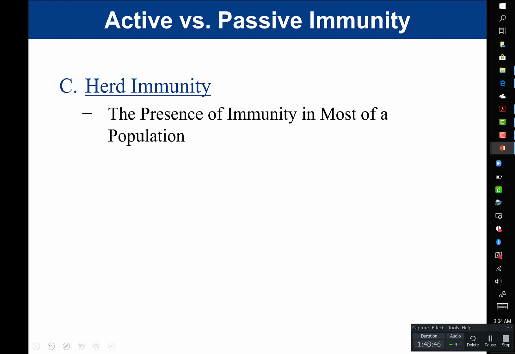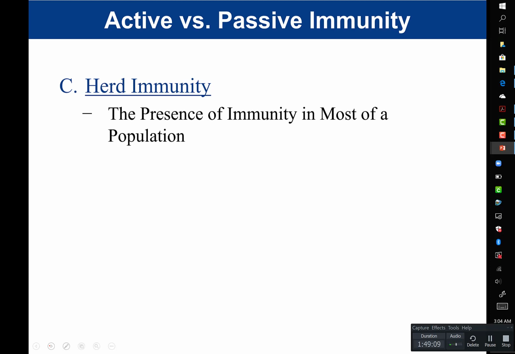A bunch of people stopped vaccinating their kids against the measles, and that decreased herd immunity, so that now we can get the spread and the outbreak of measles, which had almost been eradicated in the US. We didn't really see cases of the measles because most everybody was protected and you couldn't get an outbreak.